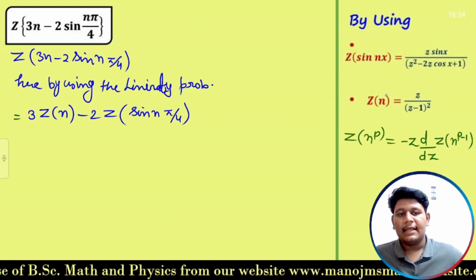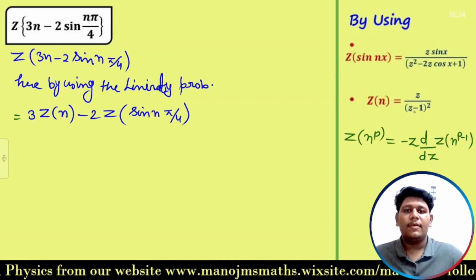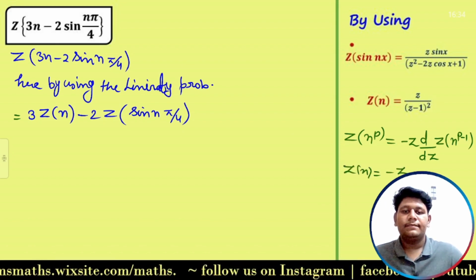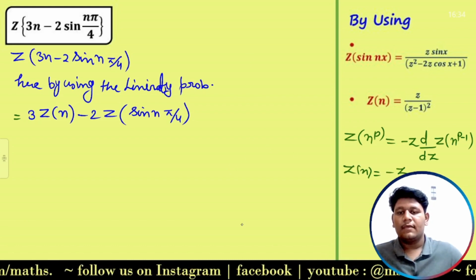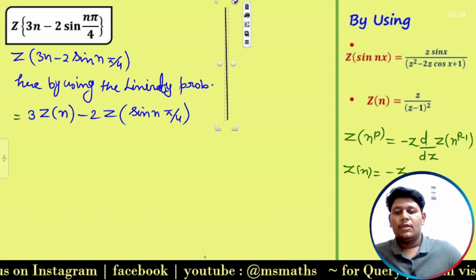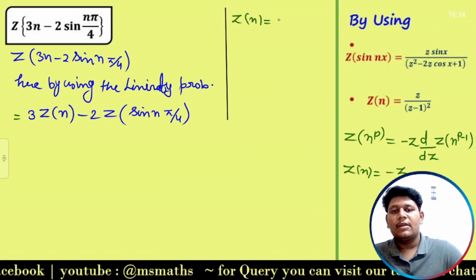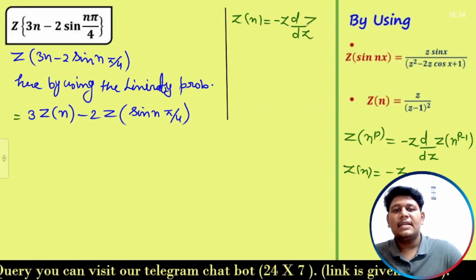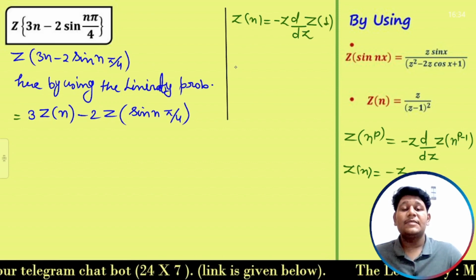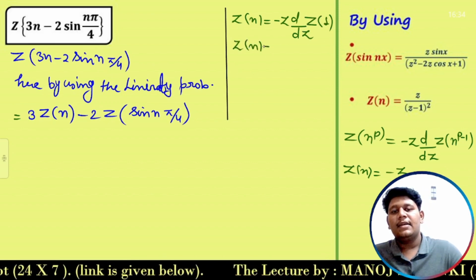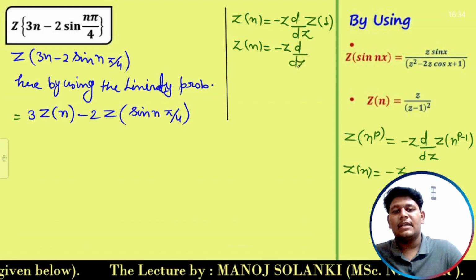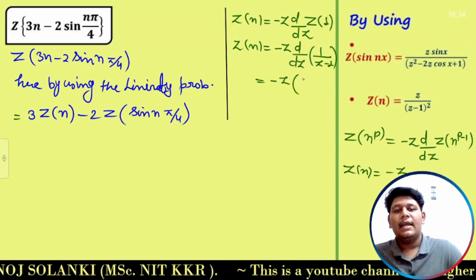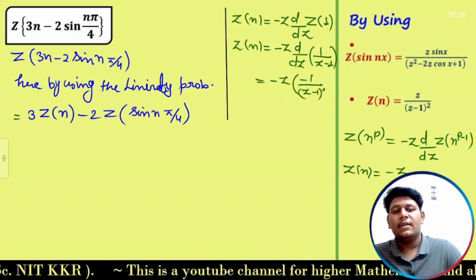If n is here, z transform of n is z upon z minus 1 whole square. But how? z transform of n is nothing but minus z d by dz of the z transform of 1, and the z transform of 1 is z upon z minus 1, so d by dz gives minus 1 upon z minus 1 whole square.